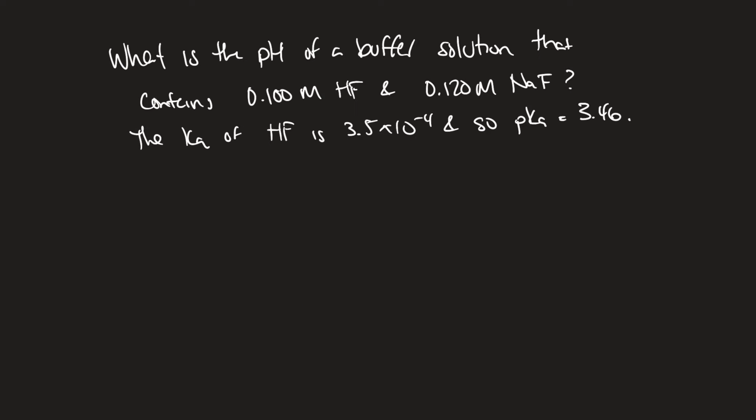So let's look at an example problem. The question is, what is the pH of a buffer solution that contains 0.100 molar of HF and 0.120 molar of NaF? The Ka of HF is 3.5 times 10 to the negative 4, and the pKa is 3.46. In this case, we're going to use the Henderson-Hasselbalch equation, where pH is equal to pKa plus the log of the concentration of your conjugate base over your weak acid.